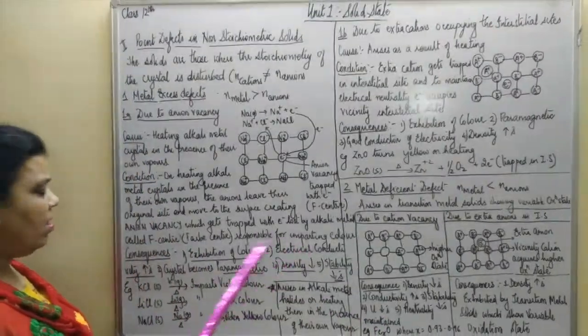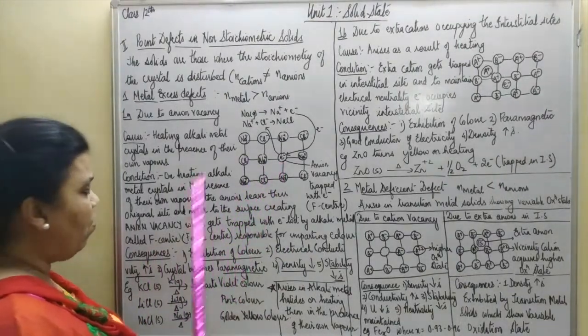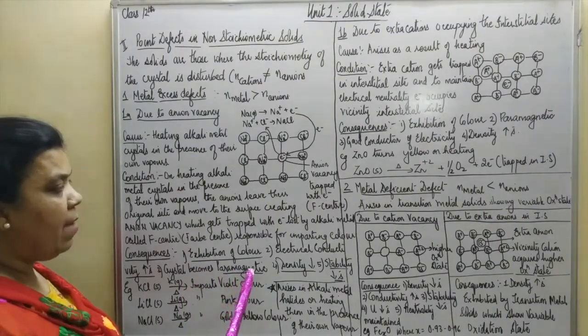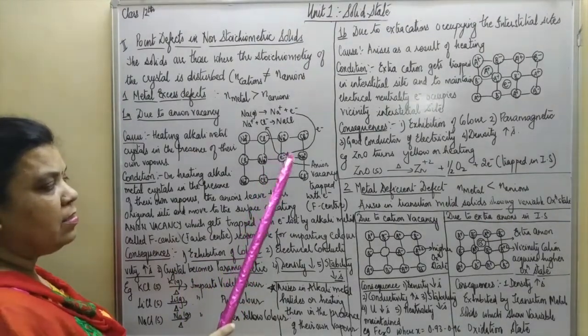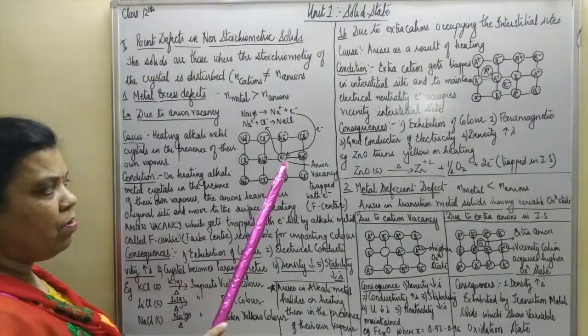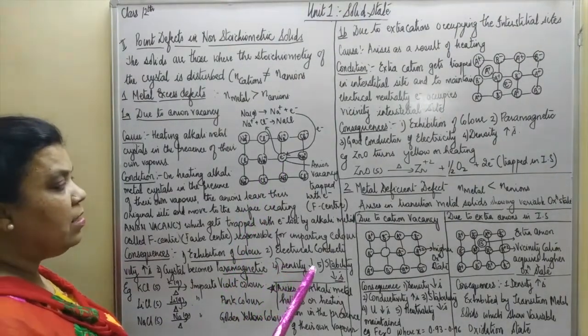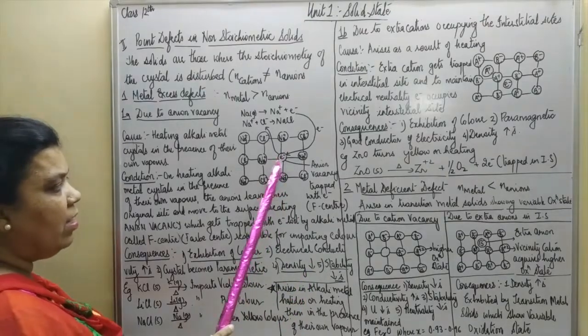Next is electrical conductivity. Again, the free electron will make the crystal a good conductor of electricity. The crystal becomes paramagnetic. Paramagnetic crystals are those which contain unpaired electrons. So this unpaired electron again will make the crystal paramagnetic. Density will decrease. Why will density decrease?